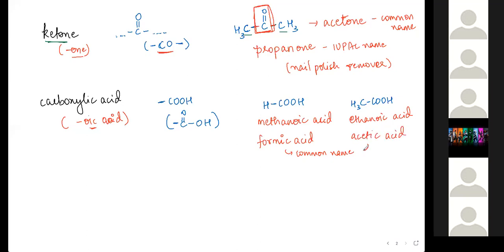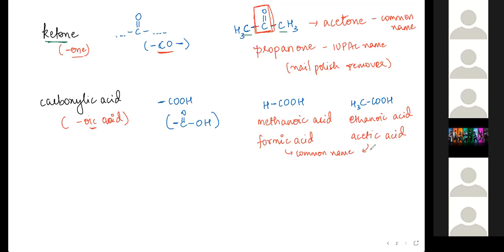Vinegar is made out of acetic acid. It's basically a 5% solution of acetic acid. If you take 5 ml of acetic acid and 95 ml of water, that makes vinegar. Vinegar is something you use for cooking, so a lot of modifications may be done.